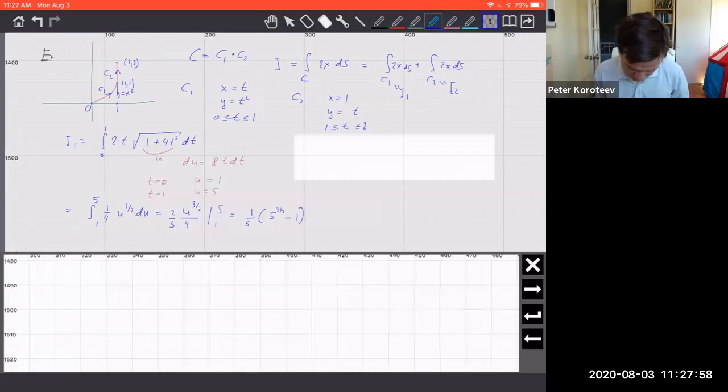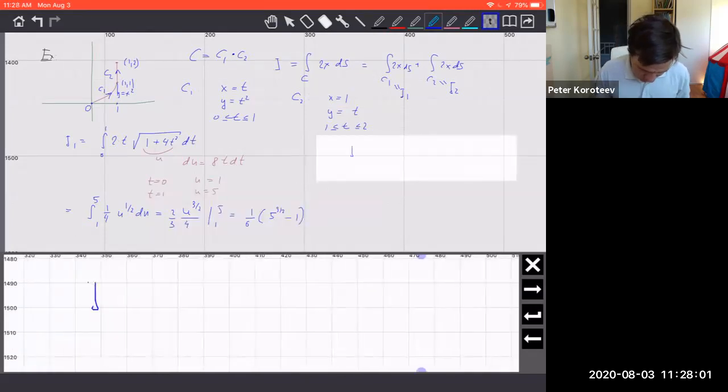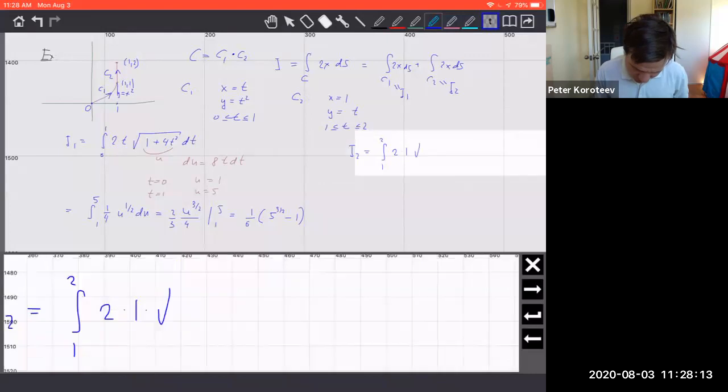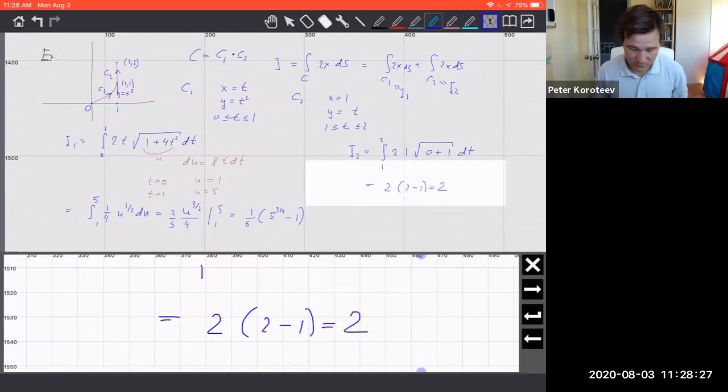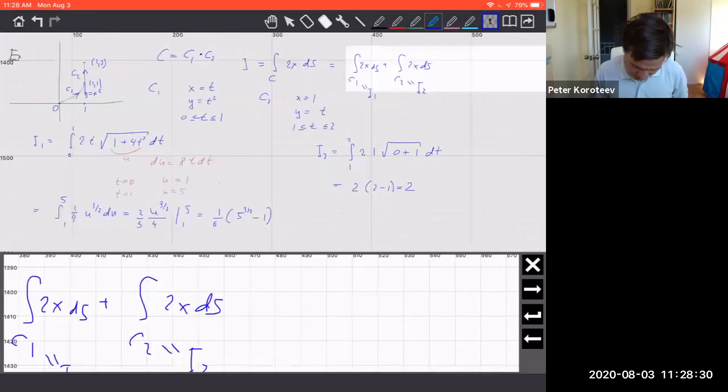Okay, that's I1. And I2 equals the integral from 1 to 2 of 2 times 1, since x is equal to 1, multiplied by the square root of the derivative squared, here it's 0 plus 1, dt. So it's equal to 2 times (2 minus 1), which is equal to 2. Therefore, the integral I is equal to (5 to the 3/2 minus 1) over 6 plus 2.